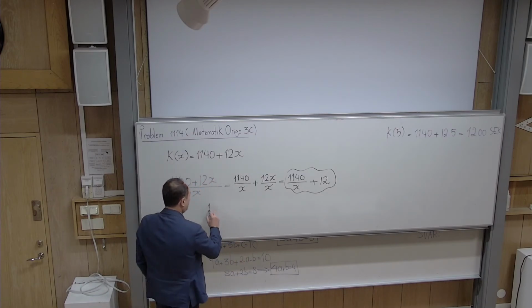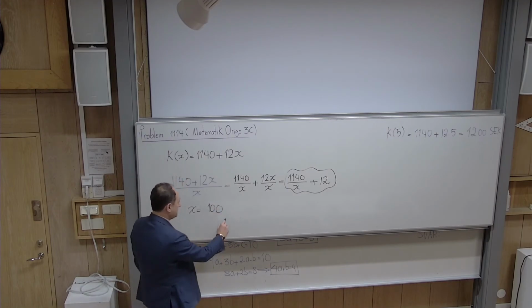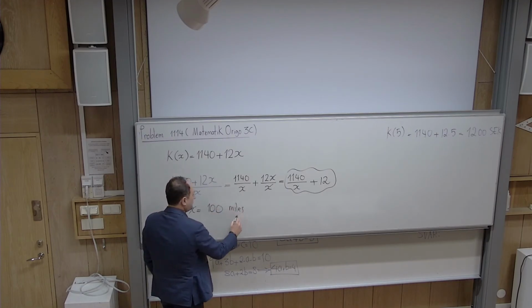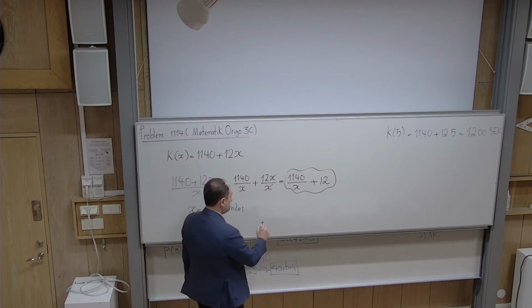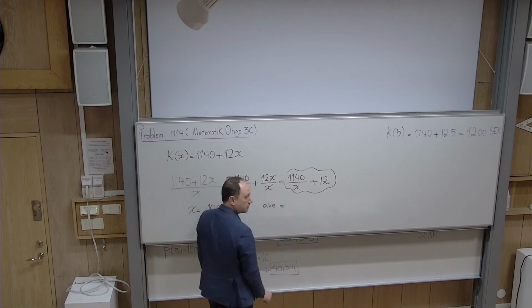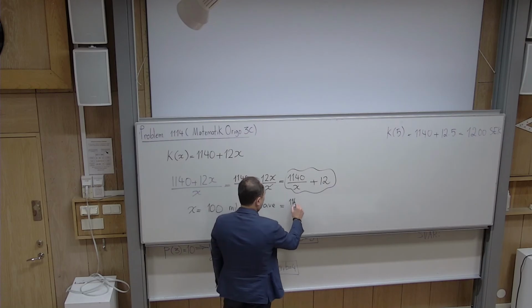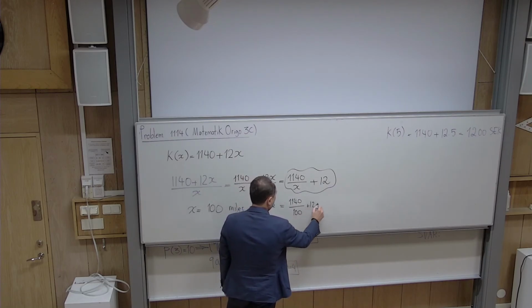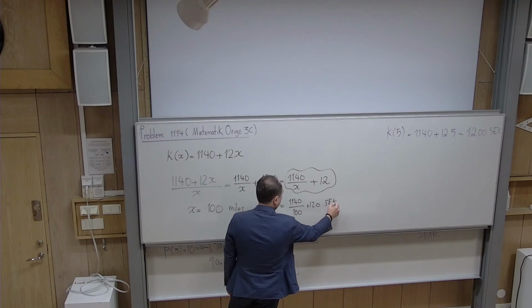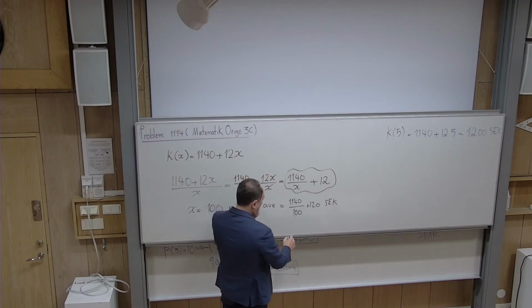Anyway, here, let me see. If I drive 100 miles, what happens for the average? So the average is equal to what? 1,140 divided by 100 plus 12 crowns, yes? So what is this number?